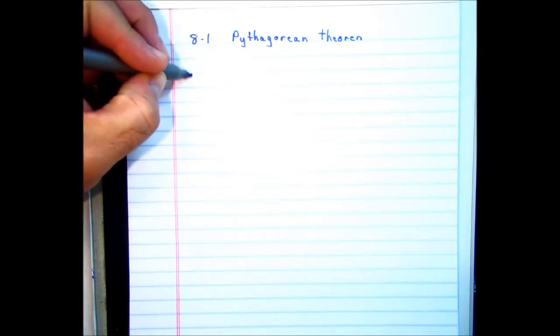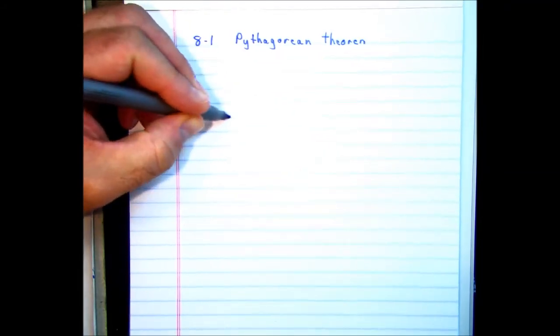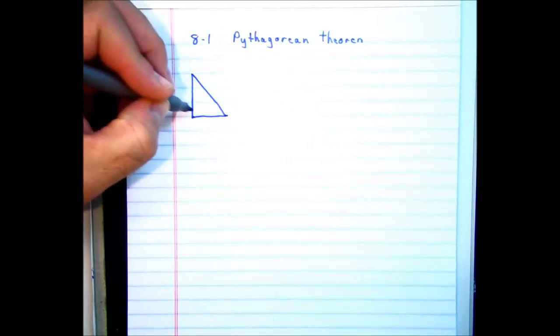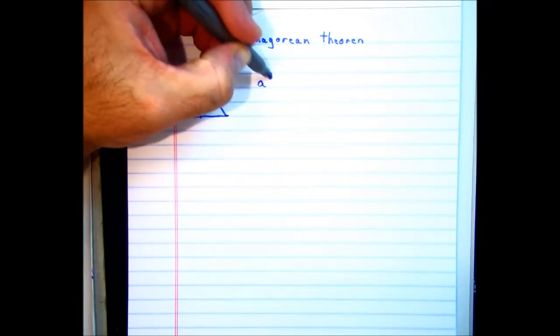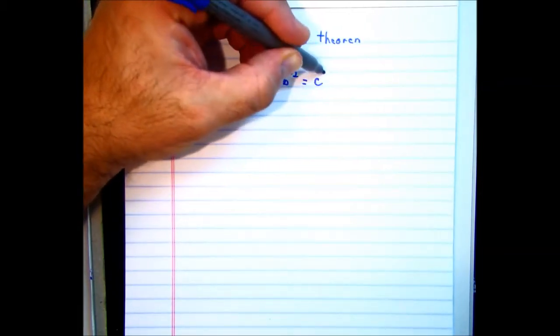So, for example, if we have two sides with a measurement on them and we need to find the third, then we can use the Pythagorean theorem. Most of you remember what it is: a squared plus b squared equals c squared.